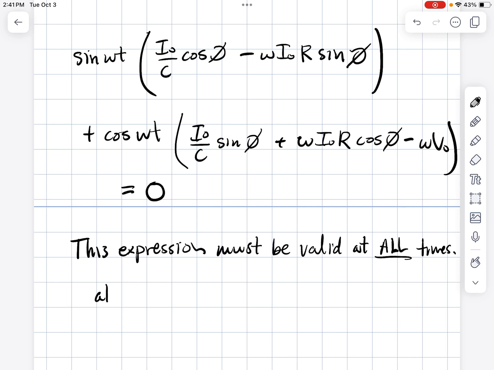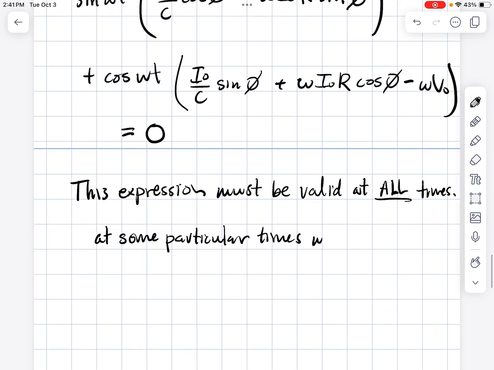So at some particular times, sine omega t is equal to 0 and cos omega t is not equal to 0.